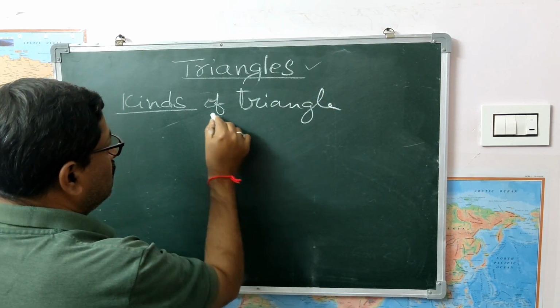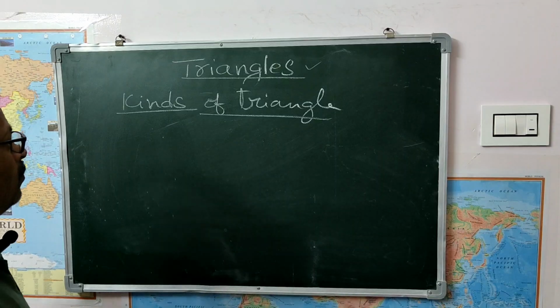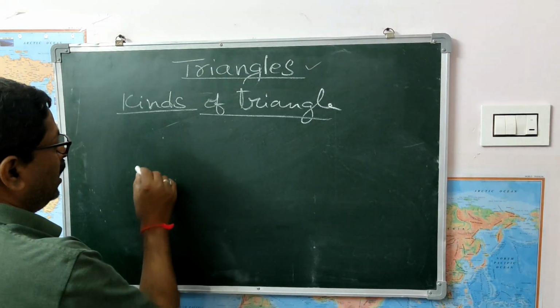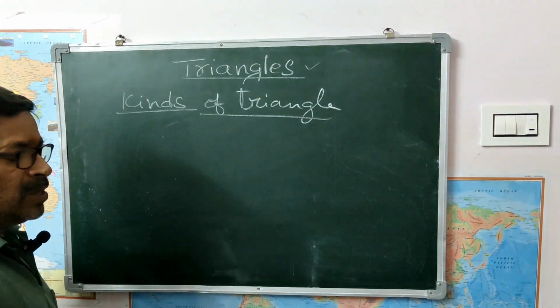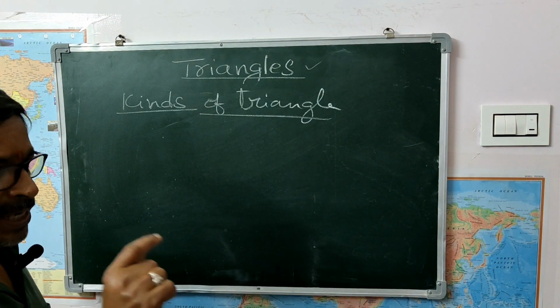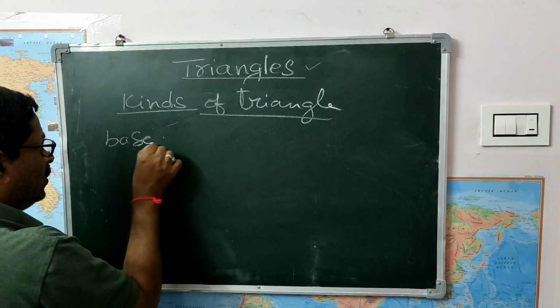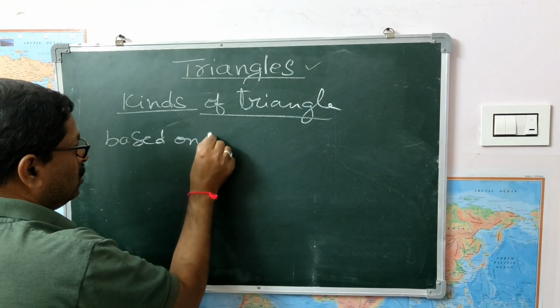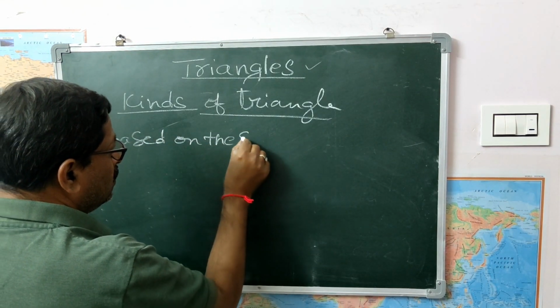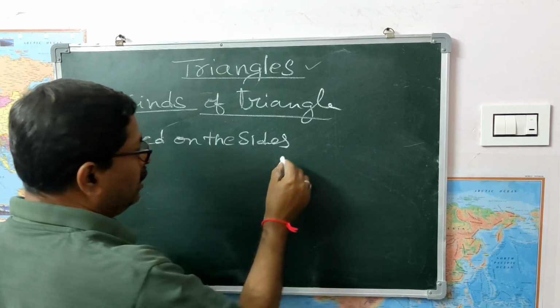We divide triangles by the lengths of their sides, and depending on the angles. So based on the sides, triangles are divided into three types.